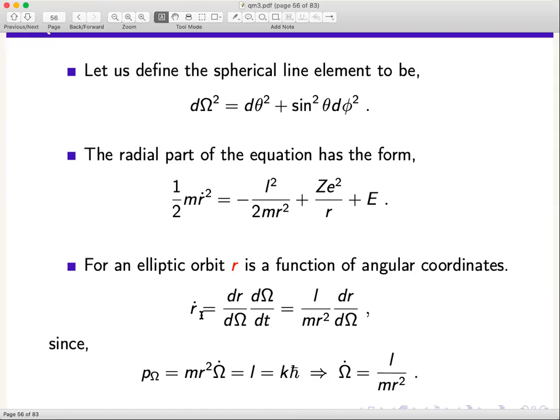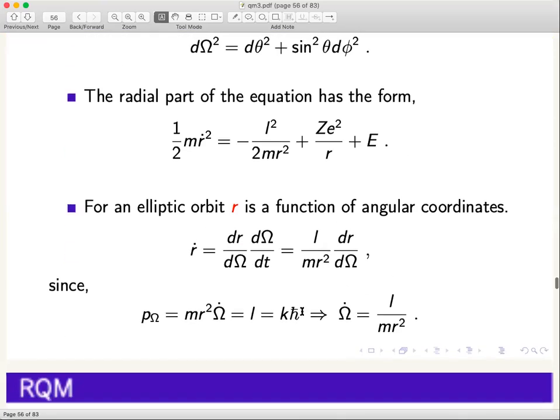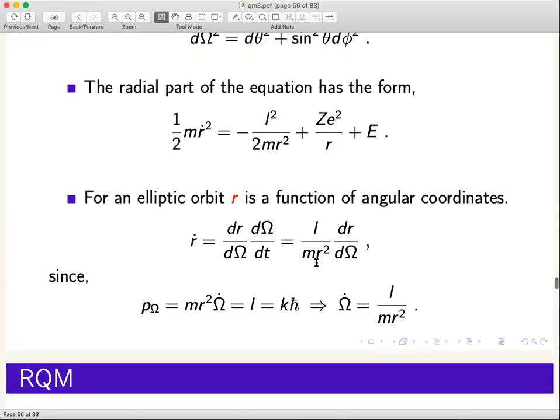So therefore, you can trade off r dot to dr by d omega times d omega by dt. d omega by dt, of course, is just L upon m r squared. So you can replace r dot using this relation further in this radial part of the equation.